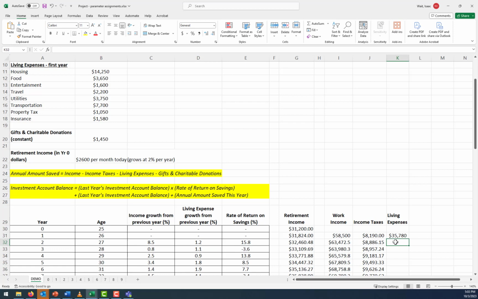And now next year, their living expenses are 1.2% higher. So I'm going to apply that same technique that I did with the income growth. This year's living expenses are equal to last year's living expenses plus 1 plus the living expense growth divided by 100. So last year they had... I wonder if this one's actually as a percentage.